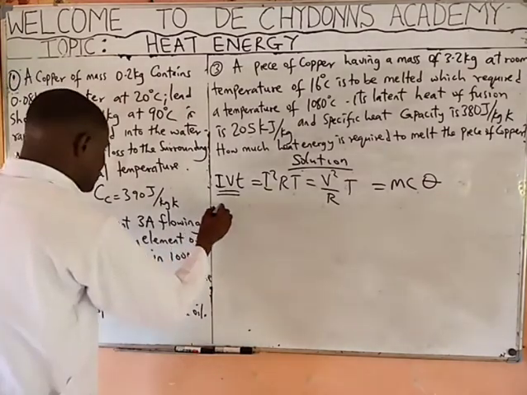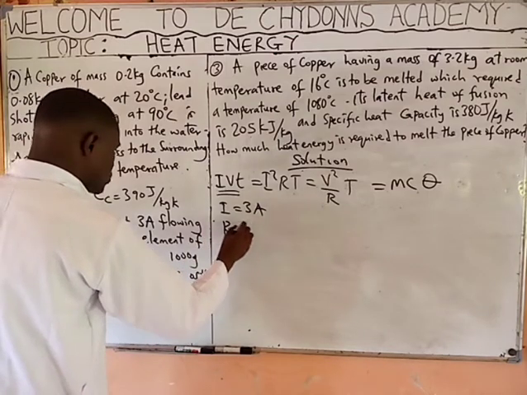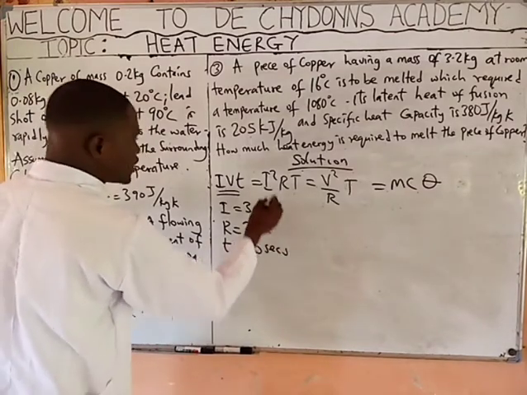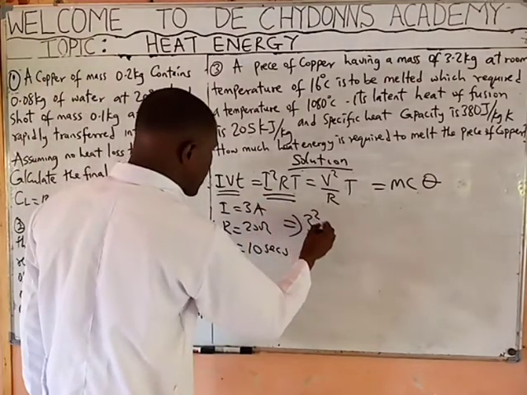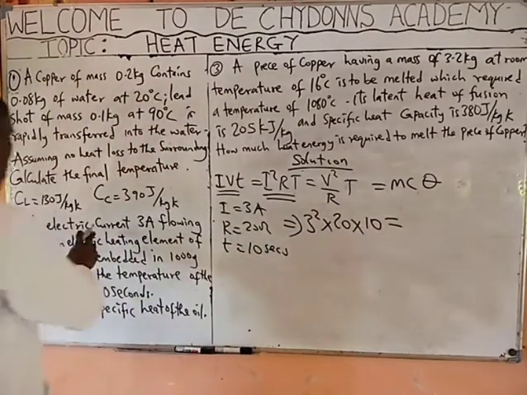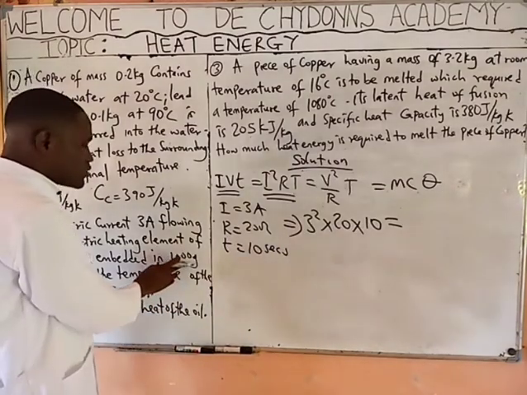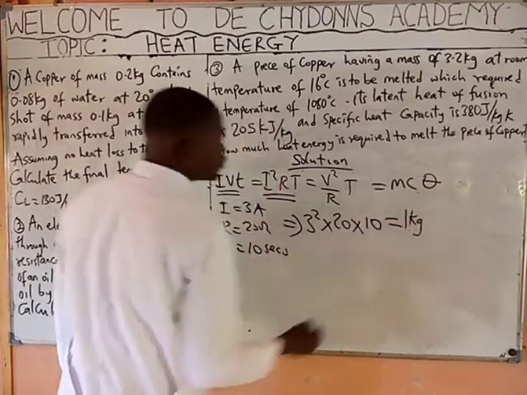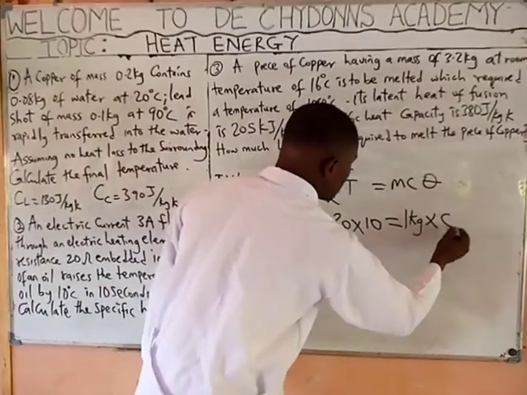Now, since they gave us I to be 3 amperes, resistor to be 20 ohms, T to be 10 seconds, the implication is that we use this formula. So I square means 3 square times R means 20 times 10 is equal to, what is the mass of this? The mass is given to us in 1000 grams. Now, 1000 grams, convert it to kilogram. 1000 divided by 1000 will give you 1 kilogram. So 1 kilogram times C, which we are looking for, the C of the oil, times the temperature.